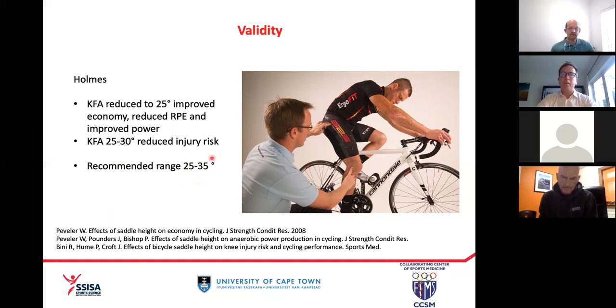The 30 to 35 degree range is there because some individuals may not be able to reach 25 to 30 degrees due to various factors such as hamstring flexibility and neuromuscular reasons. And so there's a wider range than is purported by the optimal in terms of injury reduction and performance.